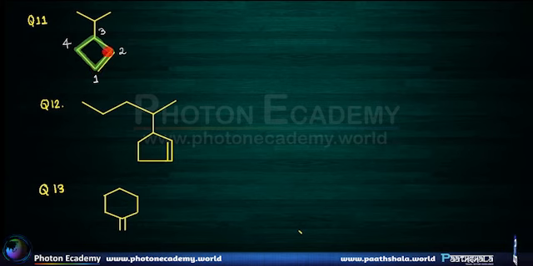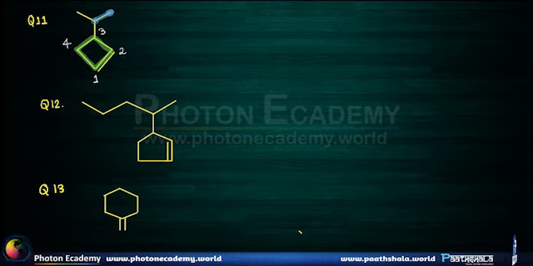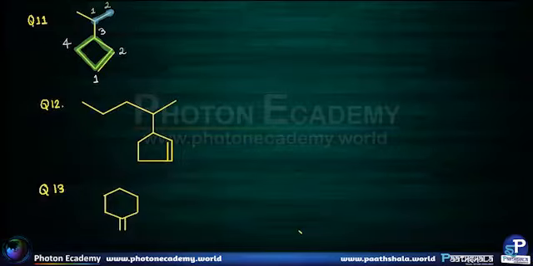So this is very important that you understand why we are starting the numbering from this carbon atom, and the rest of the example is simple. So this is our substituent and it is having two carbon atoms, so it's an ethyl substituent having methyl as a substituent. So the numbering of this substituent will be 1 and 2. So the correct IUPAC name for this compound will be, first I'll write the prefix.